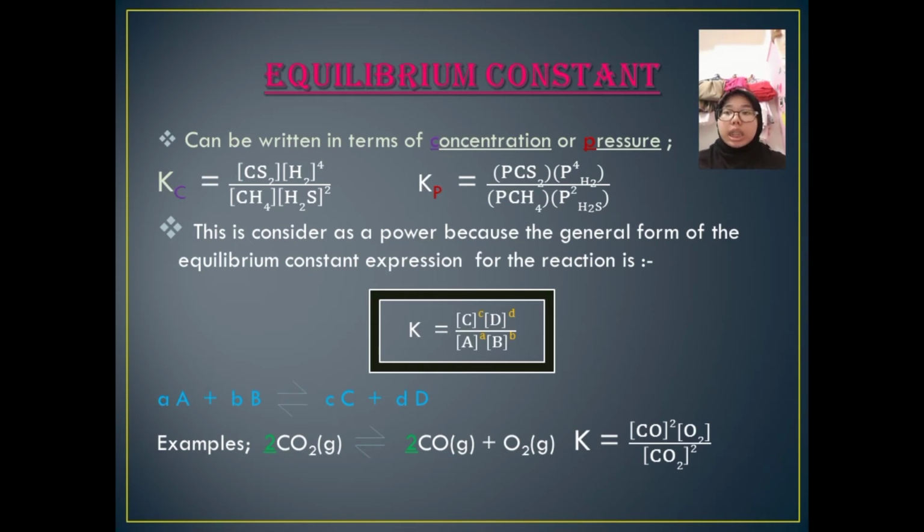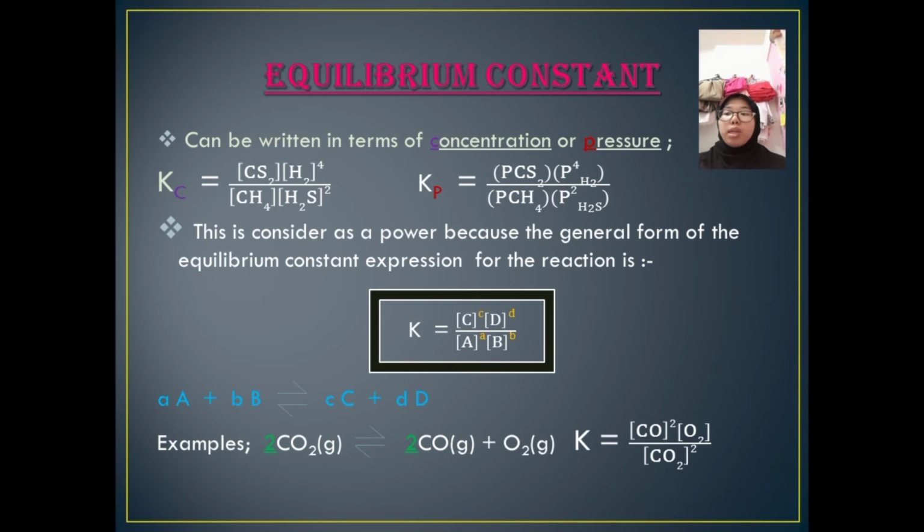This is considered as a power because the general form of the equilibrium constant equation for the reaction is K equals bracket capital C to the power of small c, bracket capital D to the power of small d, over bracket capital A to the power of small a, bracket capital B to the power of small b. As the example shown in the slide, the reactant is 2CO2 while the product is 2CO plus O2.